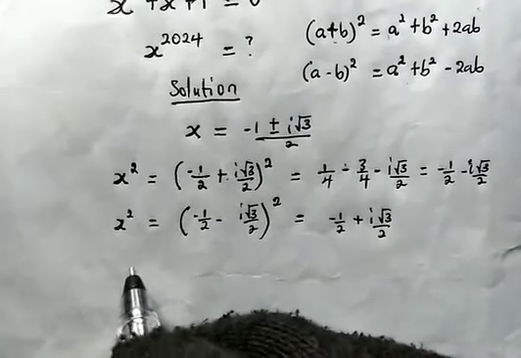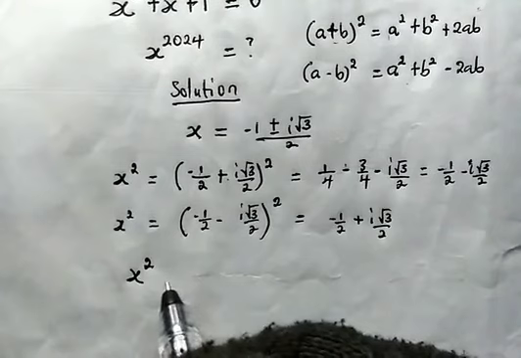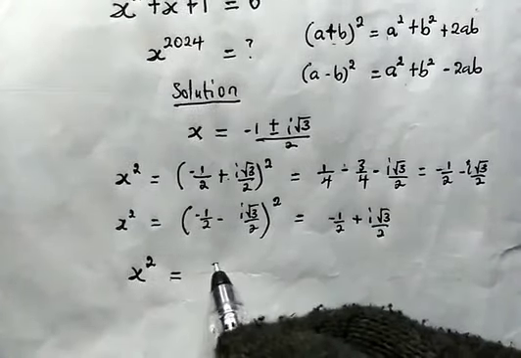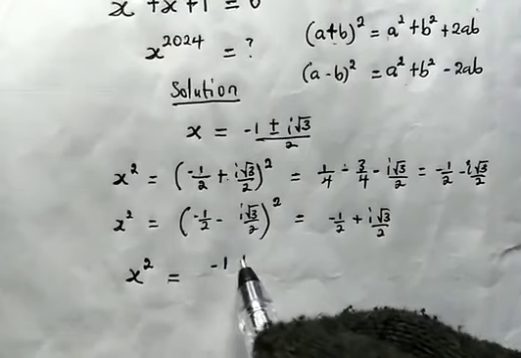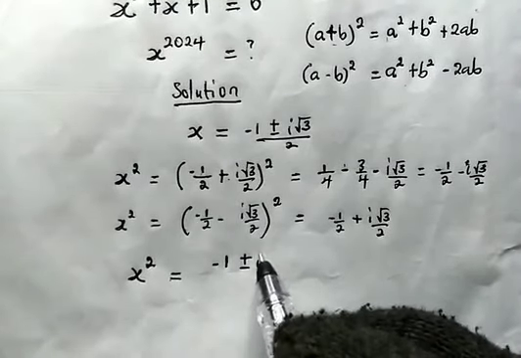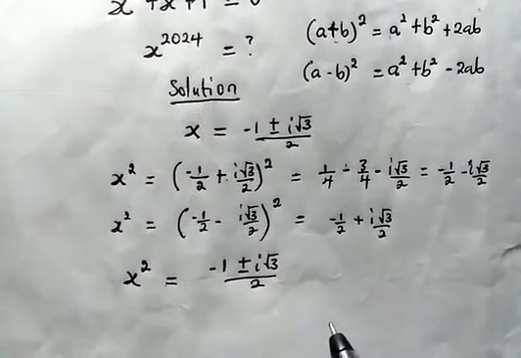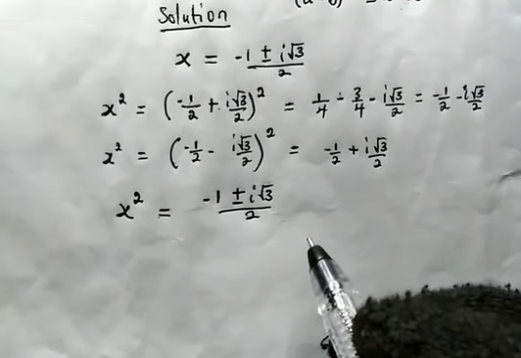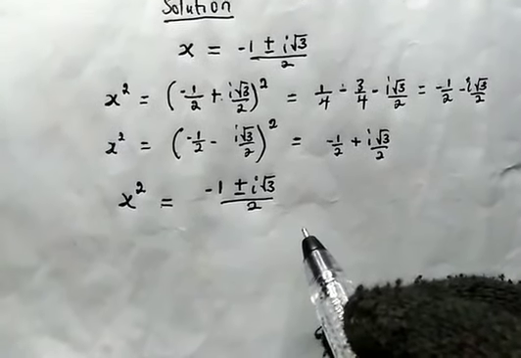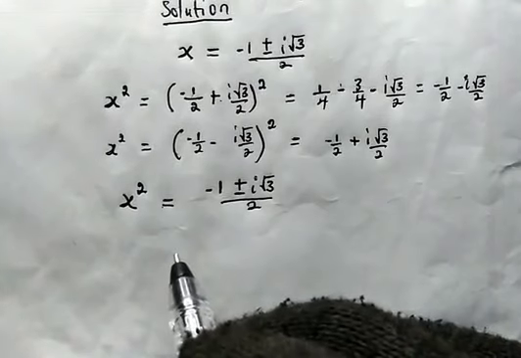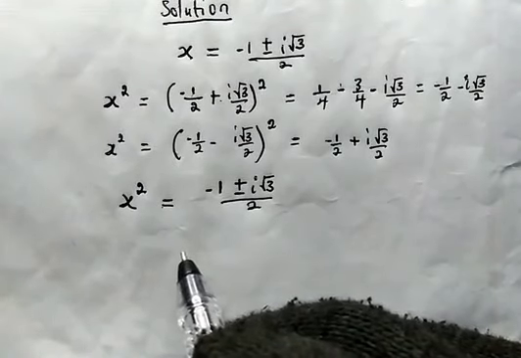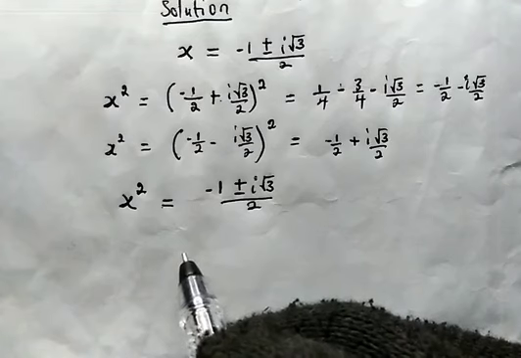So we can come up with the following identity, that x squared is equal to negative 1 plus or minus i root of 3, all over 2. Amazing.